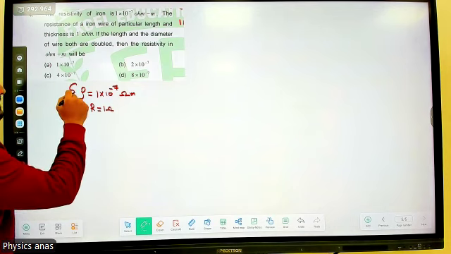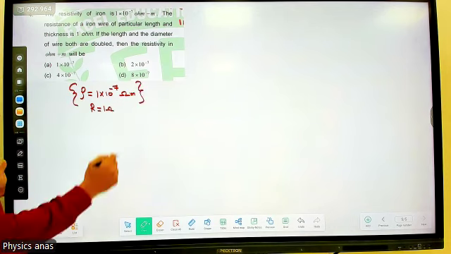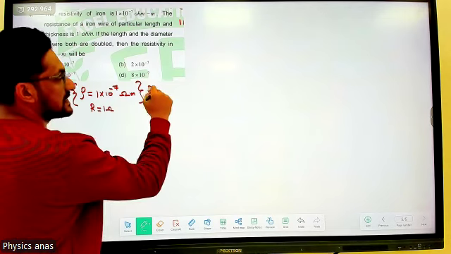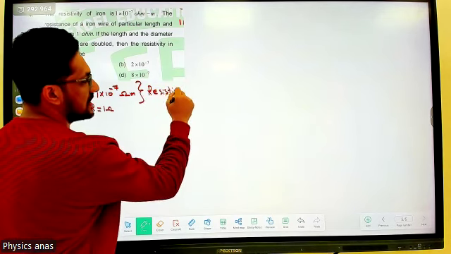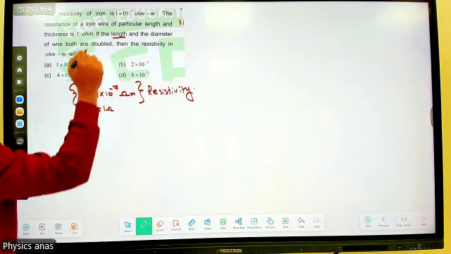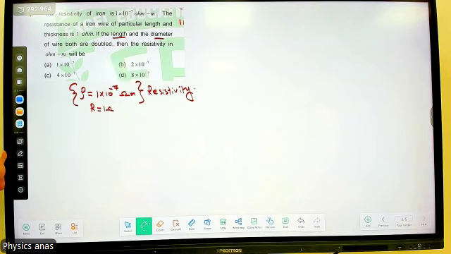Resistivity. What is this? Resistivity cannot be changed if the length or diameter changes. Resistivity is a constant.